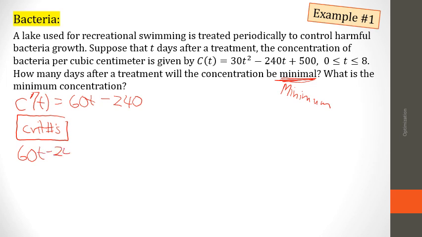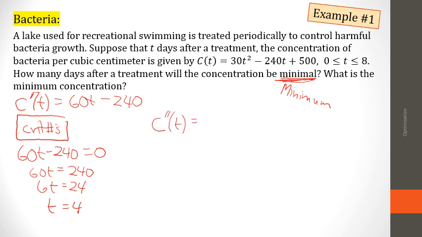Also, we don't care when it does not exist because this is a real-world situation. I got t equals 4. Okay, so we need to check that this is a minimum, not a maximum. So for the second derivative test, we look at the second derivative of the function, and that is going to be 60, which is always positive.